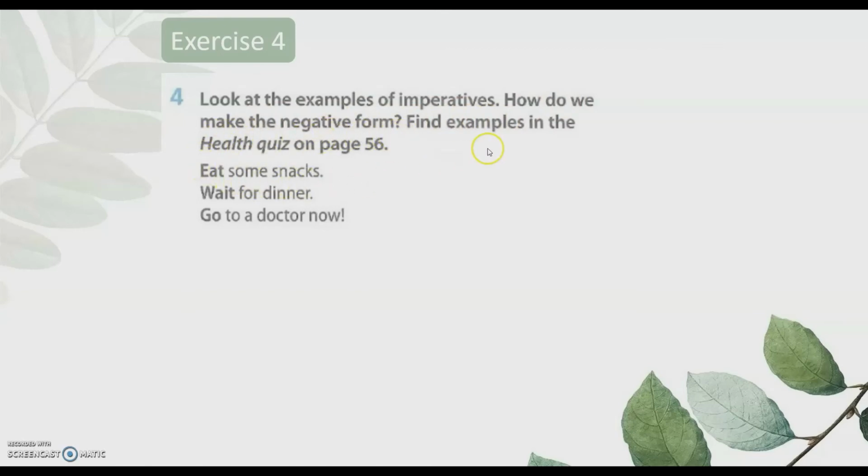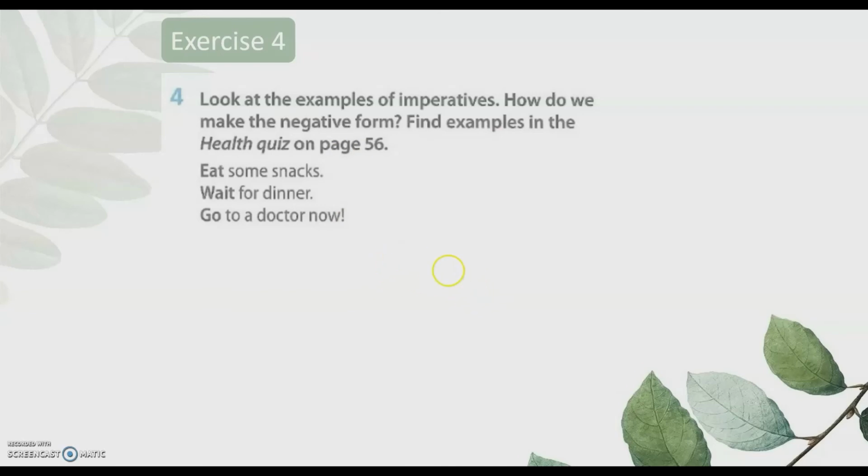This is some of the examples of imperative in positive form. The question needs us to find examples of the negative form in the help quiz on page 56. Here are some of the examples we can find.